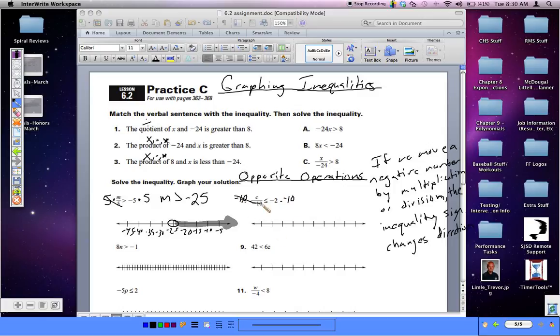So that allows that to cancel, leaving just my variable, which it was less than or equal to, but because of our new rule, if we move a negative number by multiplication like we did, or division like we might do down here, the inequality sign changes direction. It was a less than or equal to, now it's going to be a greater than or equal to, and negative 2 times negative 10 is positive 20.